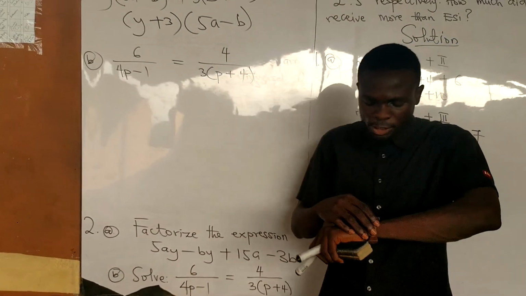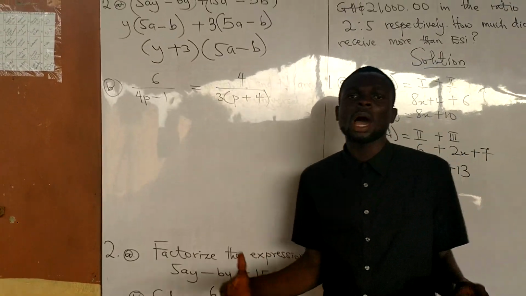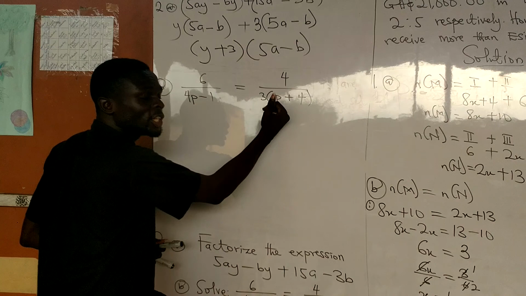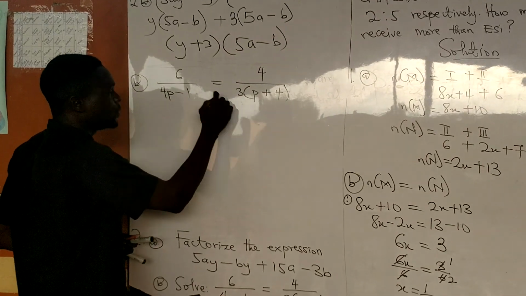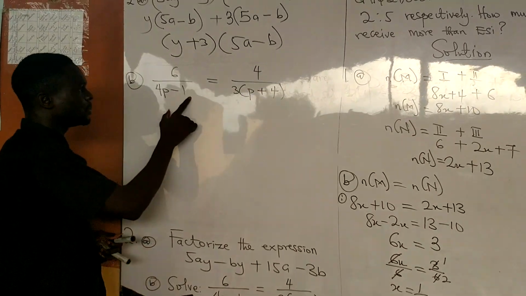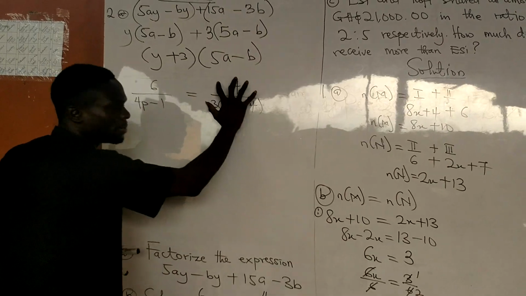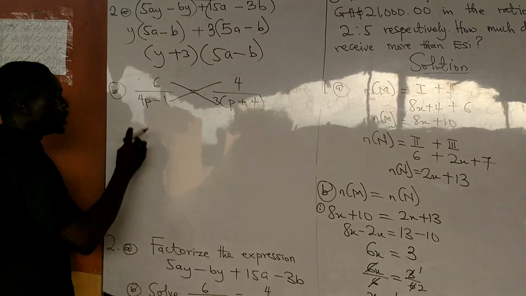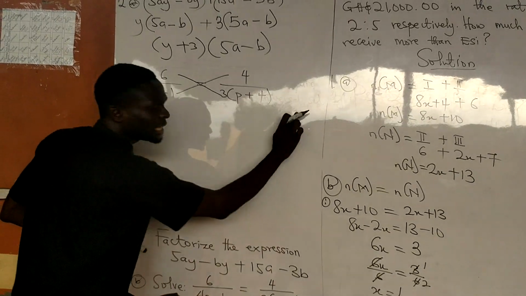So how do we solve it? Since it is an equation and a fraction, we are going to use cross multiplication because we have 1 term, 2 terms. So using the cross multiplication method, 6 will multiply everything here.